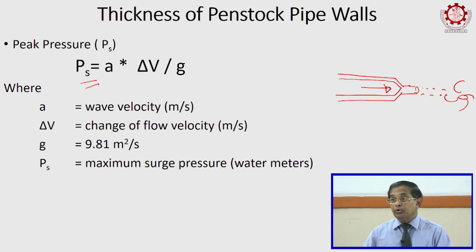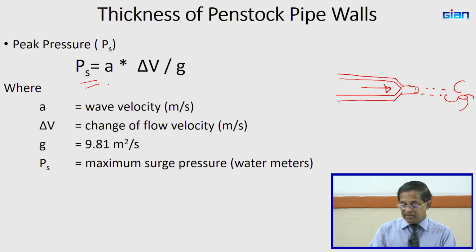But you can see that, due to some reason, the needle valve can quickly, instantaneously close, creating a surge, due to some malfunctioning of the hydraulic system or some wrong signal. Therefore, we must design for the peak surge pressure.